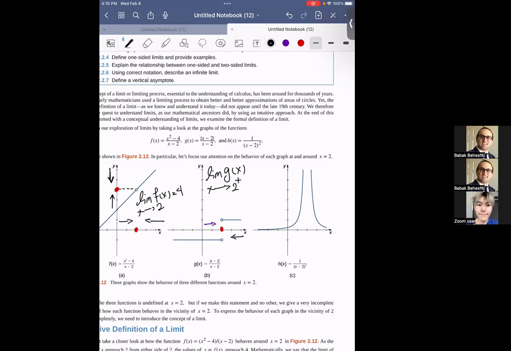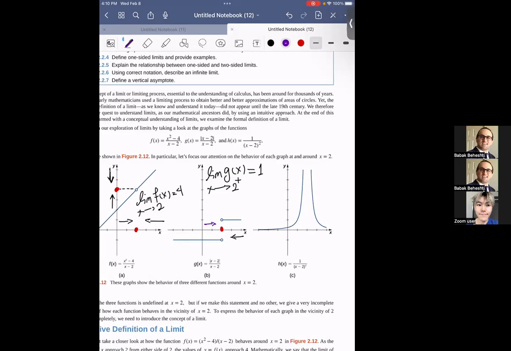So the right-hand side limit is 1, as you see in this picture. Wait, isn't that 1.5? Wait, oh, never mind. It's 1.